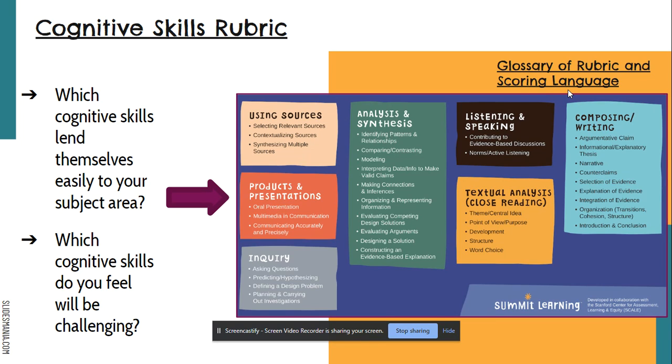You can go back and look at this for a little bit more information on the rubric, the glossary for the cognitive skills. But you can look and see which cognitive skills lend themselves easily to your subject area. Which cognitive skills do you feel will be challenging?